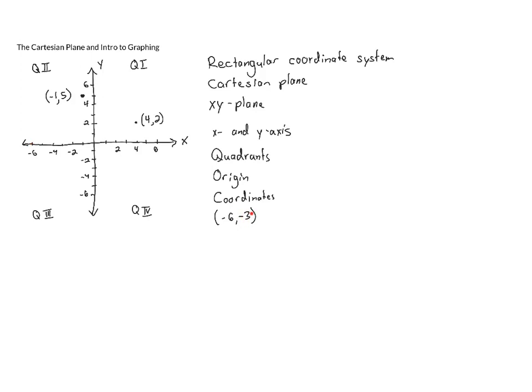And then the y-coordinate is -3. That means from there we need to go down 3. And so we're going to end up somewhere around there. -6, -3. The x-coordinate is -6, so we go to the left 6. The y-coordinate is -3, so we go down 3.